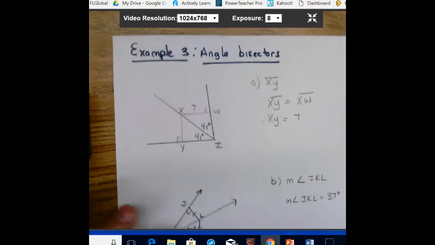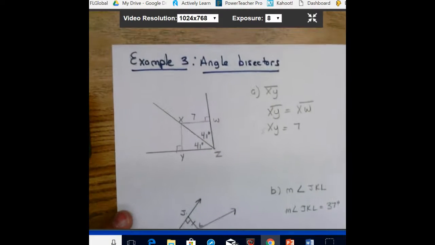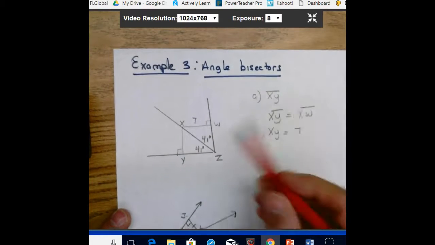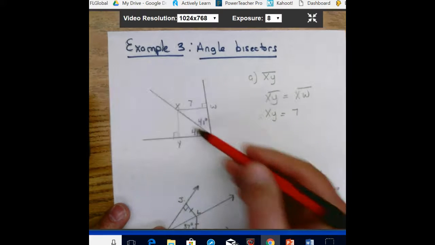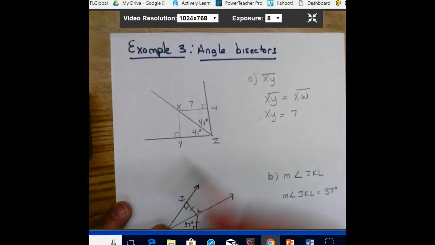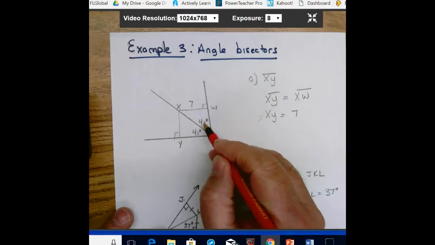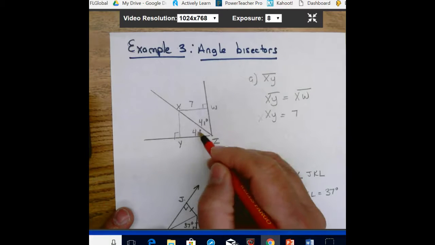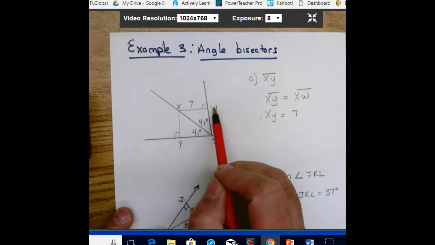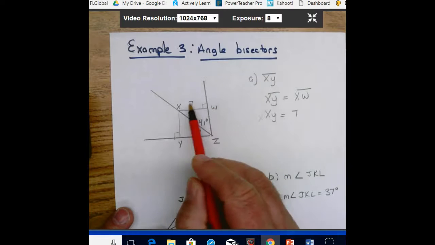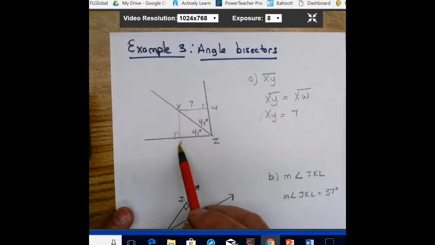Okay, so then we use angle bisectors as well. And this one says, well, what is XY? So if we know this is an angle, we know this is an angle bisector. We can see that because 41 and 41, same angle of degree on both sides. And then we also know that XW is equal to 7. We want to know what is XY.